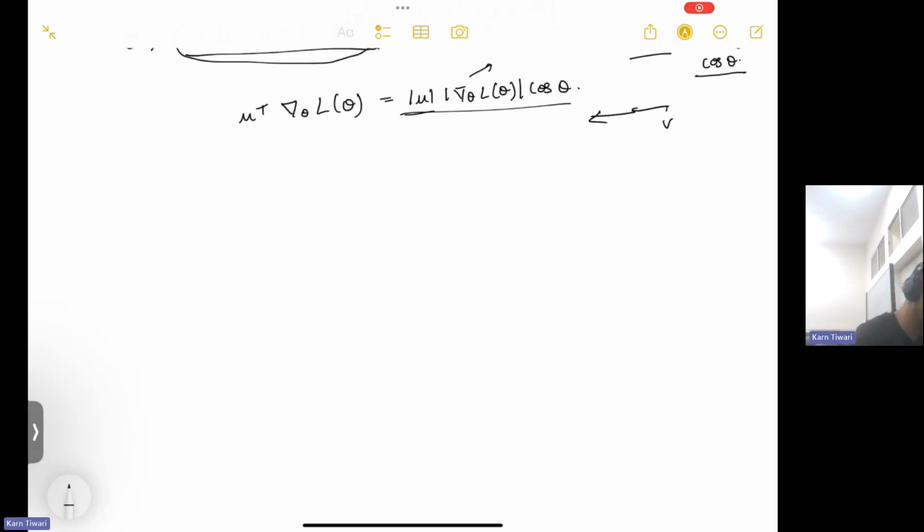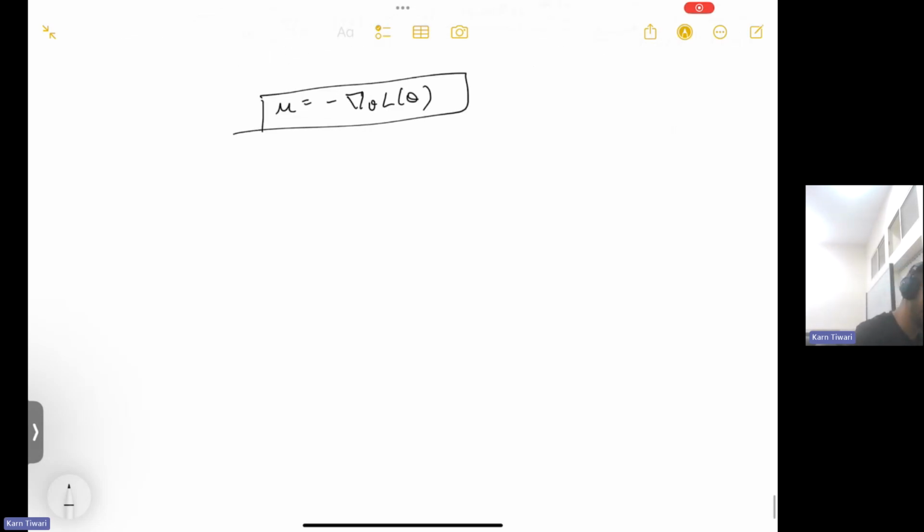So u we will be taking as negative del L theta. This is the direction we want to take. So that's how we derived this equation of the gradient descent: theta t plus 1 equals theta t minus eta times del with respect to theta of L of theta.